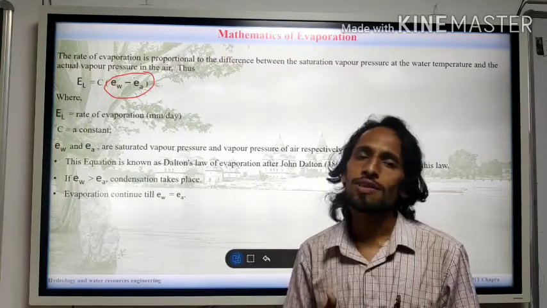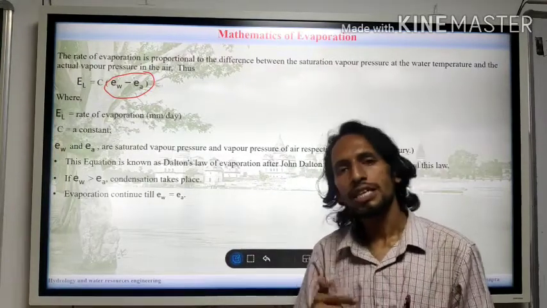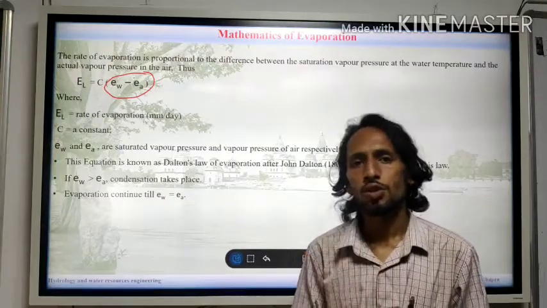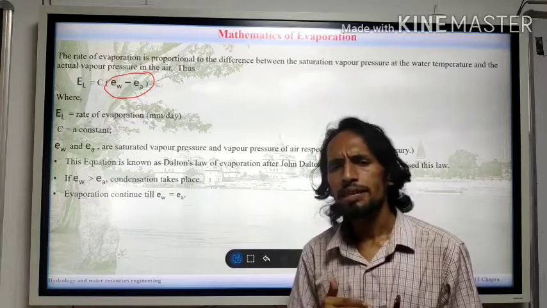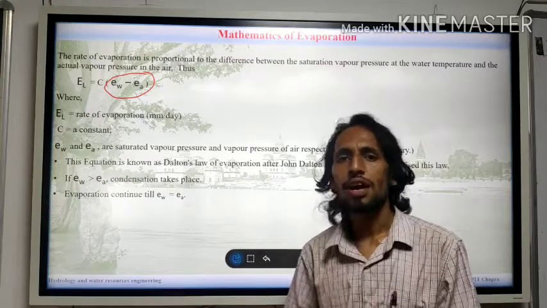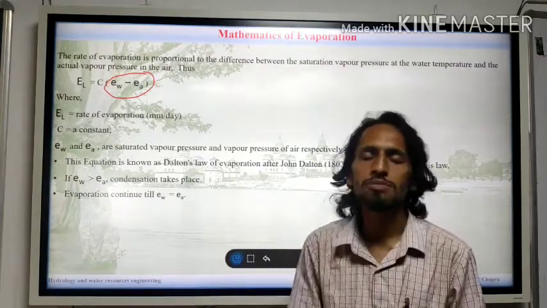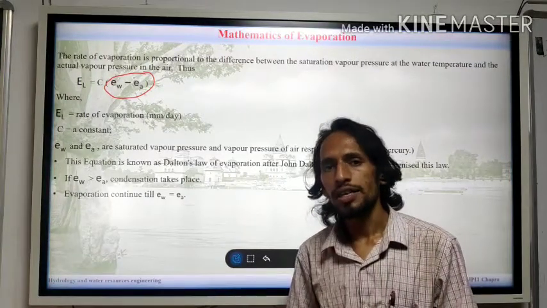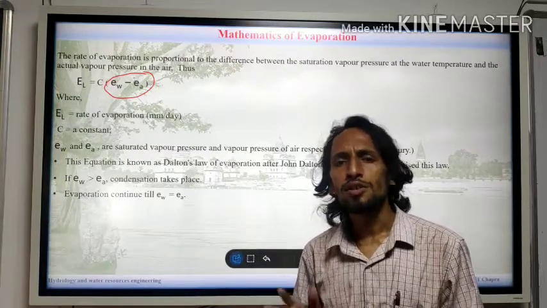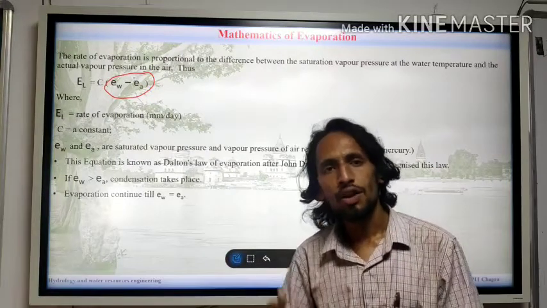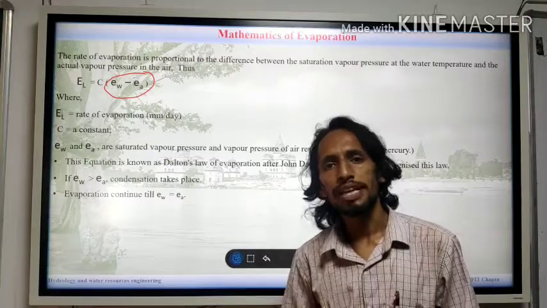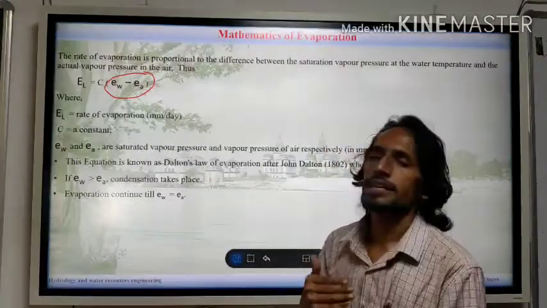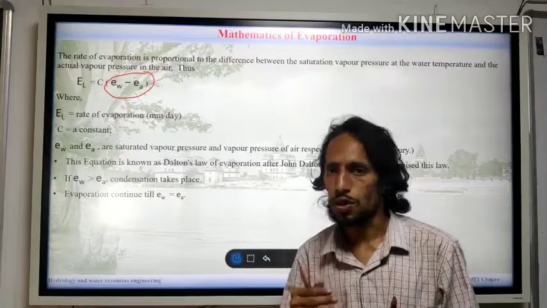Evaporation is a continuous process, there is always evaporation going on. Actually it never comes to equilibrium. Even when it comes to equilibrium, the equilibrium gets disturbed because of several factors, because we are living on earth and there are so many disturbing elements which disturb the equilibrium. So this evaporation process goes on.